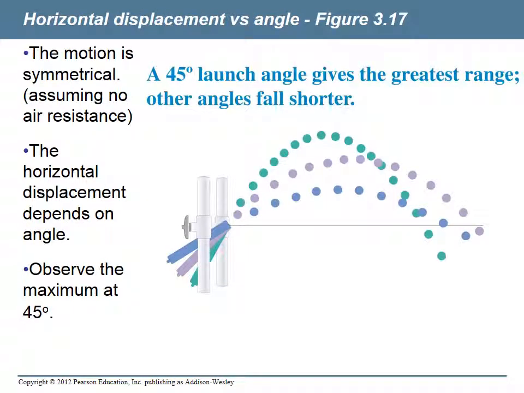So a little bit more stuff to talk about: the horizontal displacement and how it is dictated by the angle at which it's launched, or kicked, or fired, or whatever angle at which it shoots out from here. You can see this if you look at the range equation, which is derived in your book, and we'll go over this some in class too.